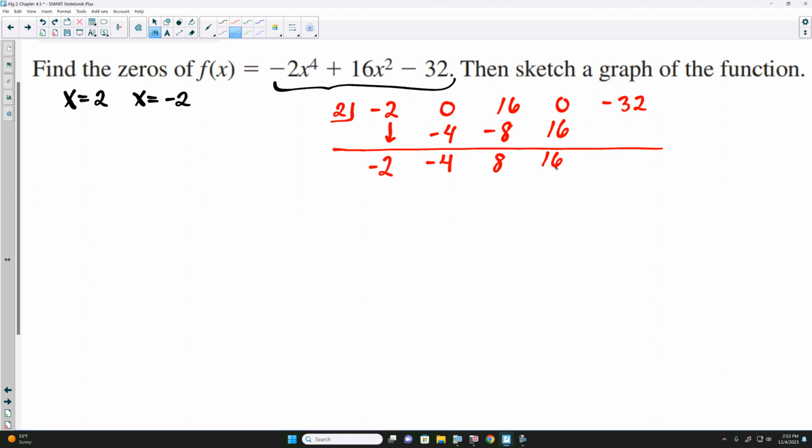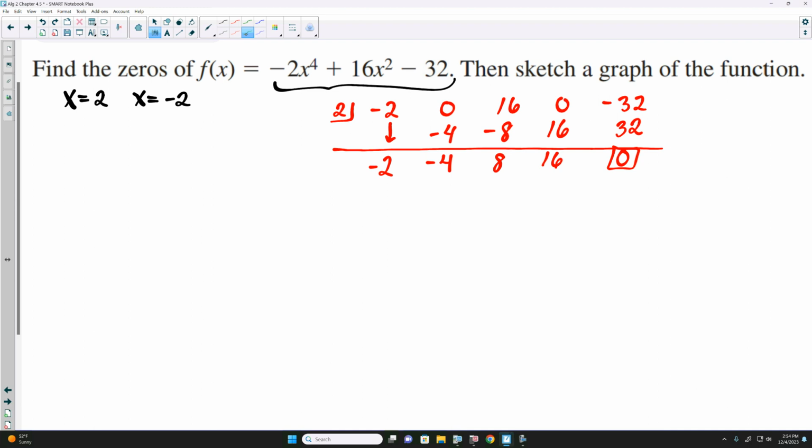And lastly, 2 times 16 is 32. And our negative 32 plus 32 is 0. So that does tell us it is indeed a solution, just like we thought with graphing, because it told us that the x value of 2 gave us a y value of 0, so it is a solution.